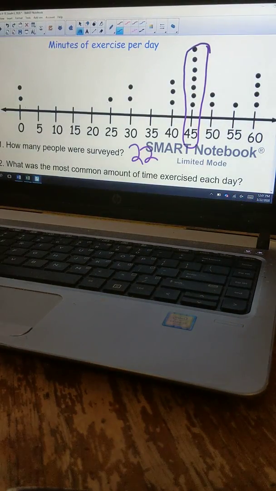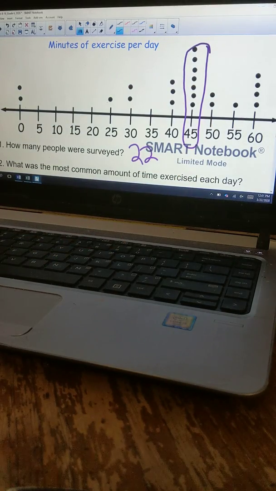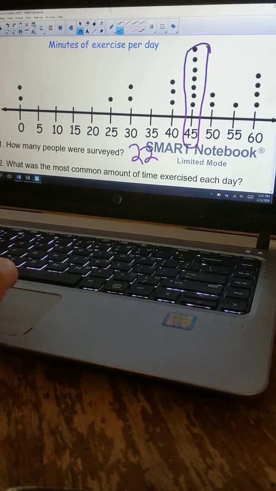The most people chose that as the number of minutes they exercise per day. And I didn't have to do any math. All I really had to do is take a look at the graph. And if I was going to describe this graph in my own words, I would probably say it skews or leans to the right. And I would say that most people do 40 to 60 minutes of exercise per day.